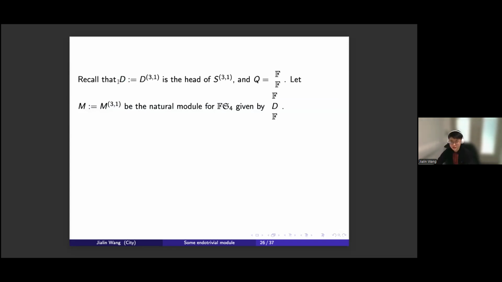Before I state the last theorem, recall that we have this D, which is the head of S31, which is simple of dimension 2, and Q is the extension of FF, and let M be the natural module for FS4, and it is again uniserial given by FDF, and it has dimension 4.